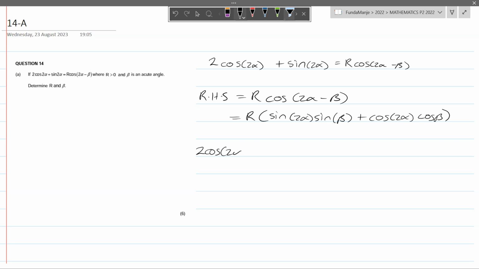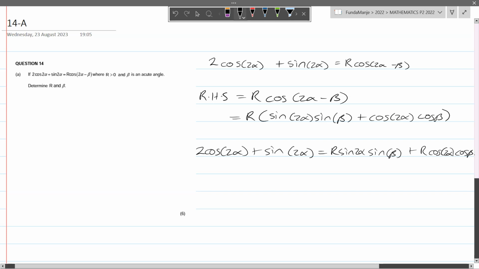2 cos 2α plus sin 2α is equal to r sin 2α sin β plus r cos 2α cos β, like that.